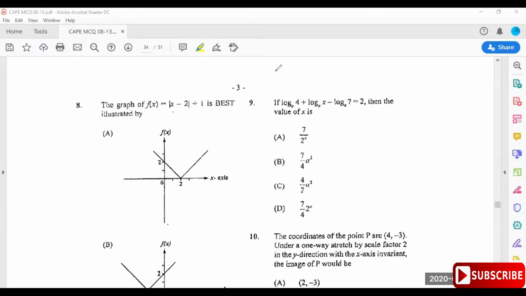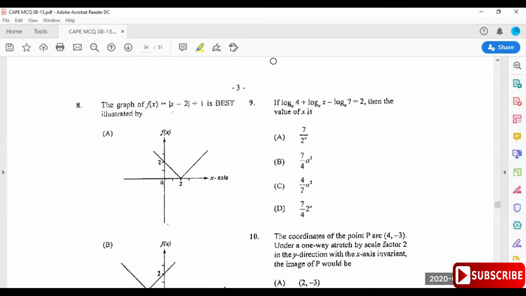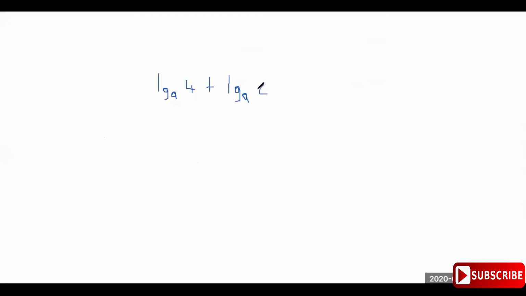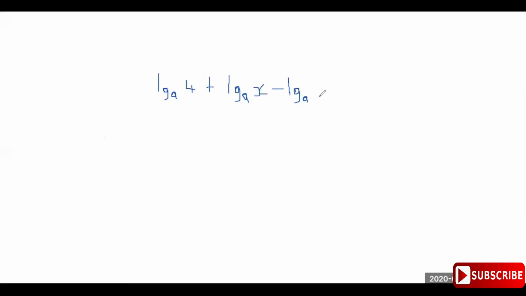So we have log to base a of 4 plus log to base a of x, then we have minus log to base a of 7. And that's equal to 2.